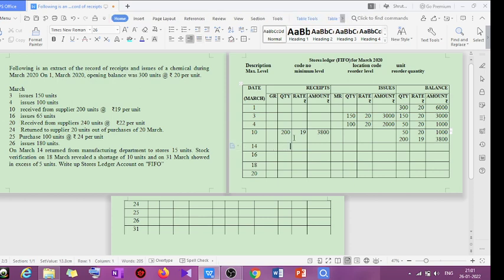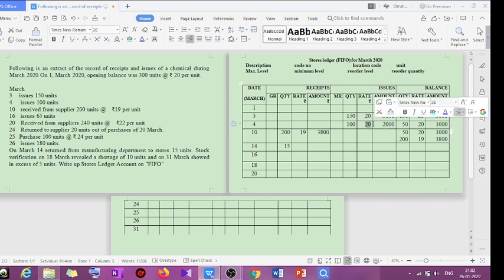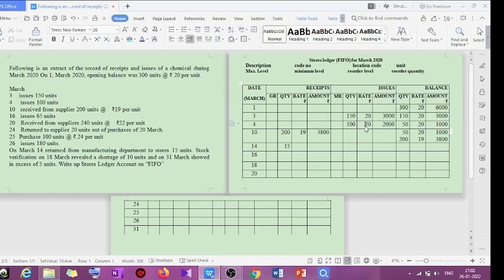Now mention the units here. Units how much? 15. Now the question is which price I should take, because there are two prices available. One is 20, here you have 19. Which one should I take? So this is which method? FIFO method. So you can see here, the rate at which we have issued is 20 rupees.